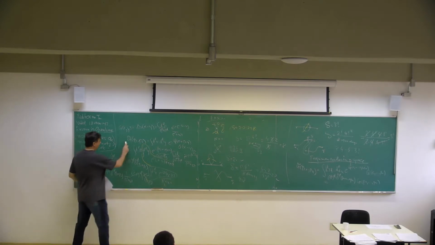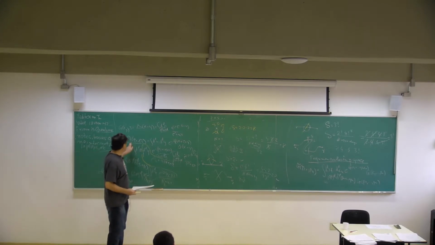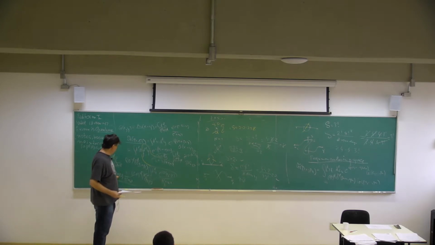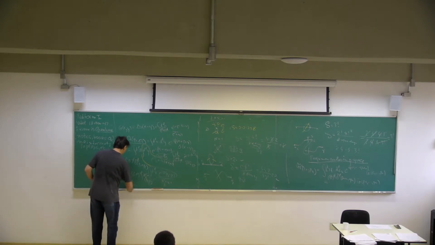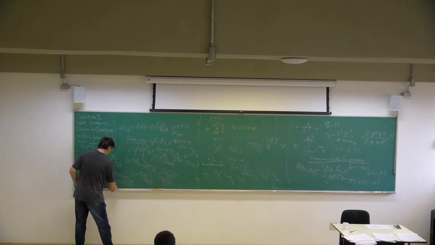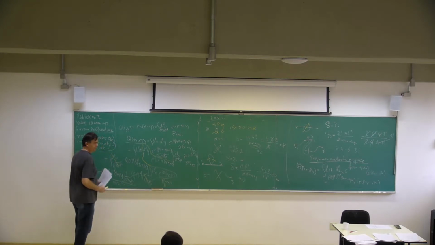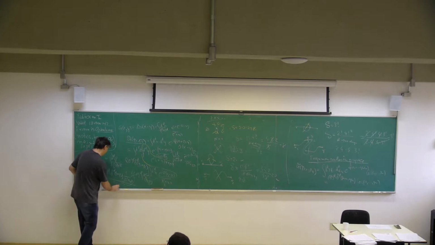And so we see the form that I described for you, that this g tilde is (2π)^d delta^d(p1 plus p2), and then this thing is now g of p1, right?